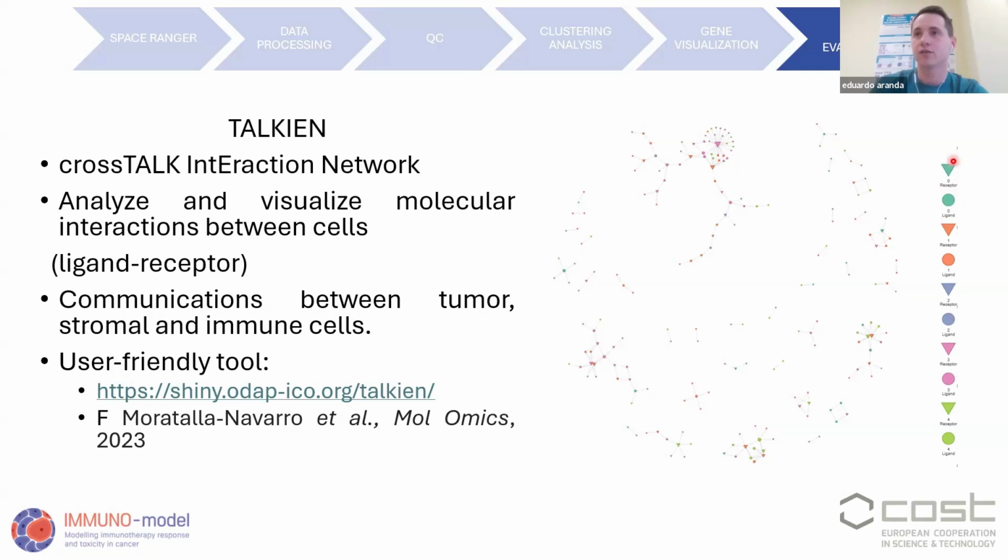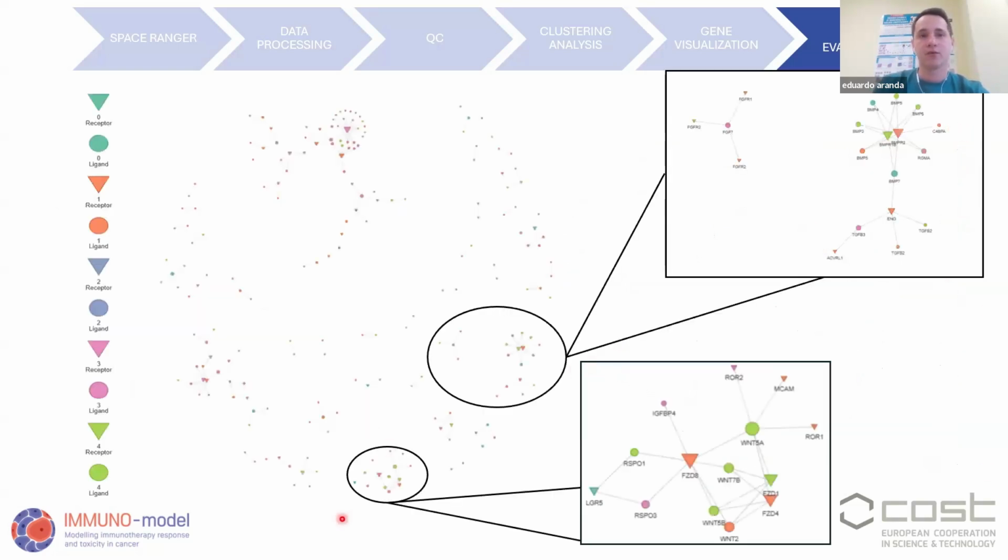For example, cluster 0, cluster 1, all the clusters, with the receptors as triangles and the ligands as circles. This is very useful to evaluate the communication between tumor, stromal, and immune cells between these clusters. Here I put a bigger example that we can see.